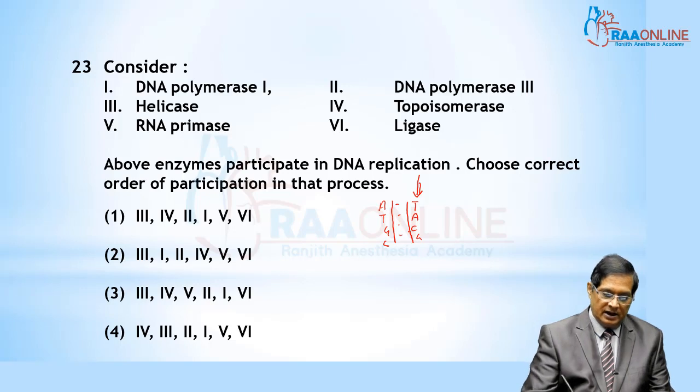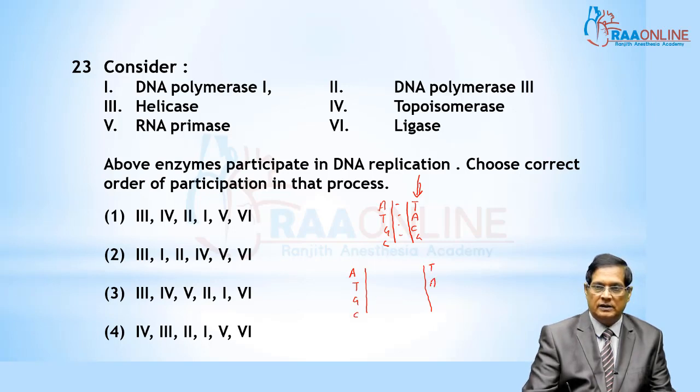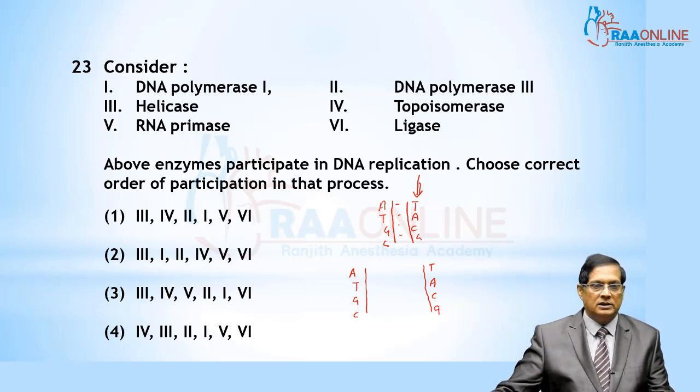When DNA replicates, see this one, there is gradual separation of these two strands A, T, G, C and T, A, C, G, followed by the synthesis of a new strand.